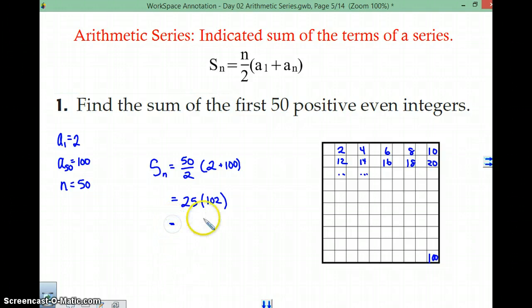And if you have your calculator, which I don't have, let's see if I can find it. Let's figure out what it is. 102 times 25. Should be 2,550.